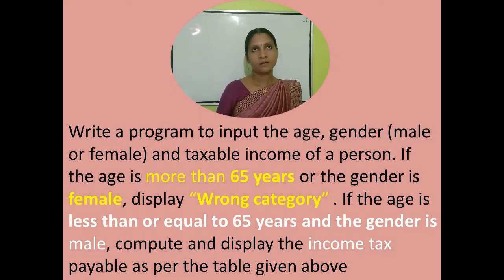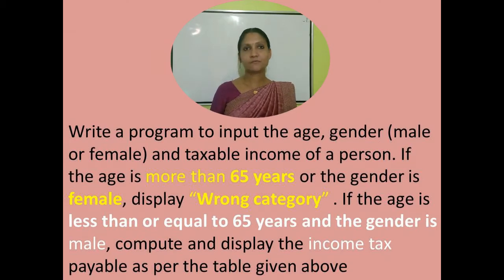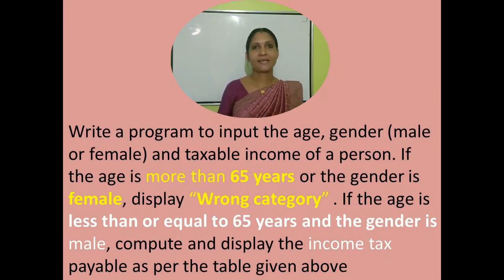That means if the age is more than 65 or the gender is female, then you give the message to the user that it's a wrong category. If the age is less than 65 and the gender is male, then only you have to calculate the income tax. That is the condition. First you have to check the age and gender.